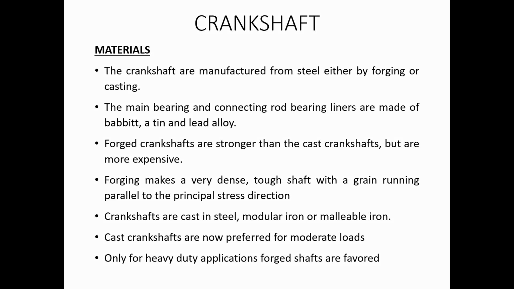And the crankshafts which are made by casting are comparatively not much stronger, but they are very easy to make because with the casting process we can make complex shapes very easily. So that is the advantage of casting. The strength will be less, but complex shapes can be made. Whenever we are using a crankshaft for very heavy load operations, forged crankshafts are preferred because they are very strong and very dense.